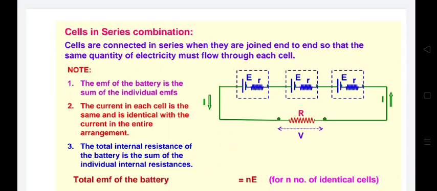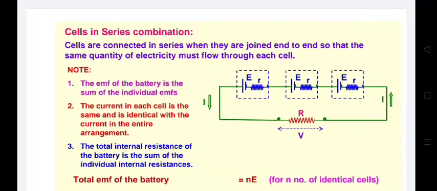So there are three types of combinations: series, parallel and mixed. So first one is a series combination. Cells in series combinations. The cells are connected in series when they are placed end to end so that the same quantity of electricity must flow through each cell.